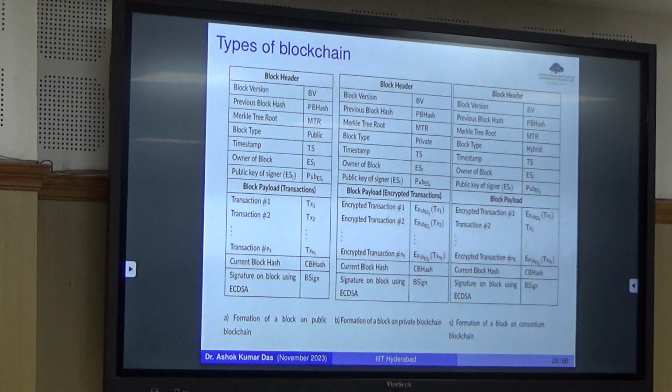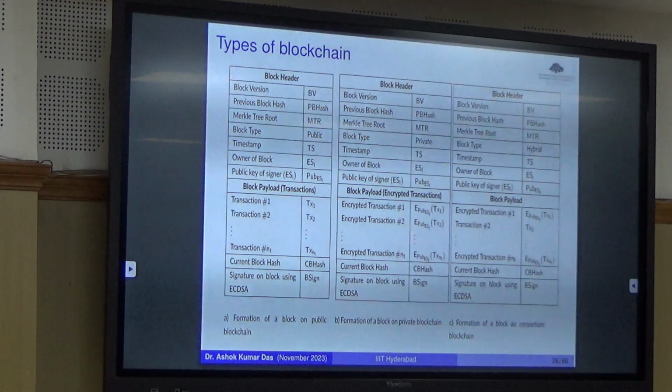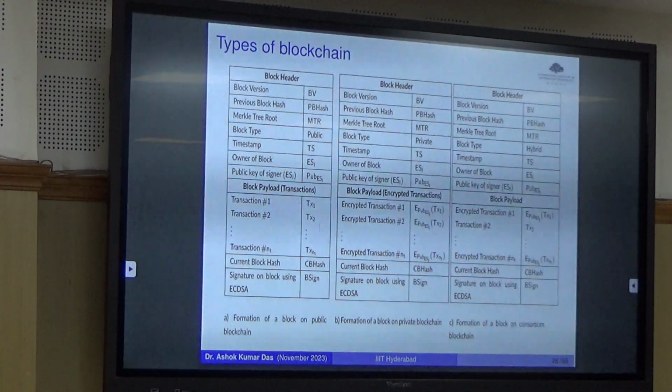So as a result, what we are talking about is that in order to verify a transaction, or in order to verify a block, whether a block is valid or not, you are required to verify three things. One is that you need to verify something known as the Merkle root.